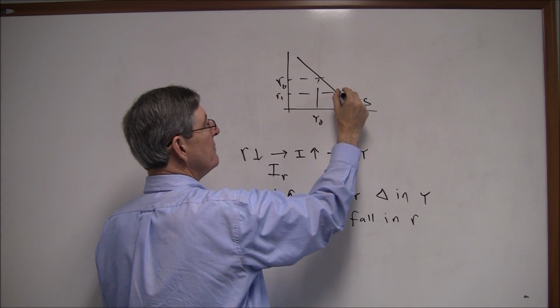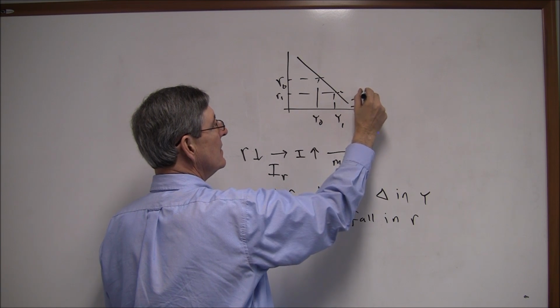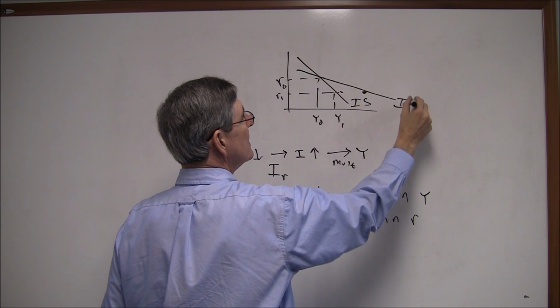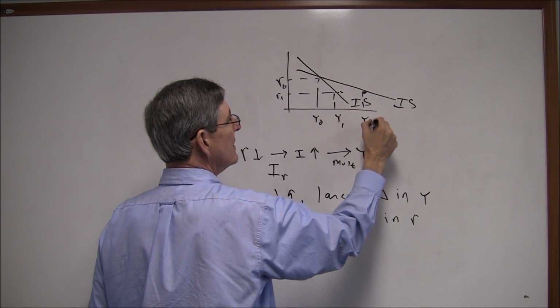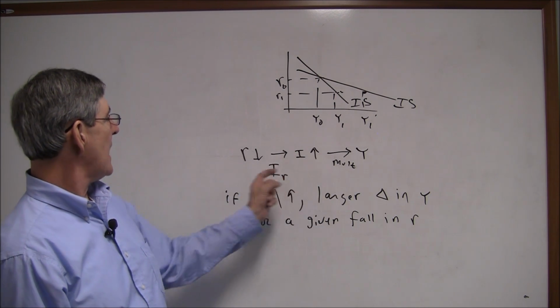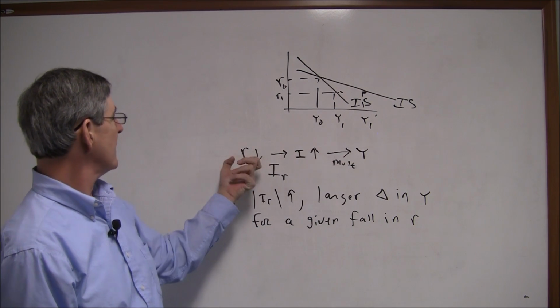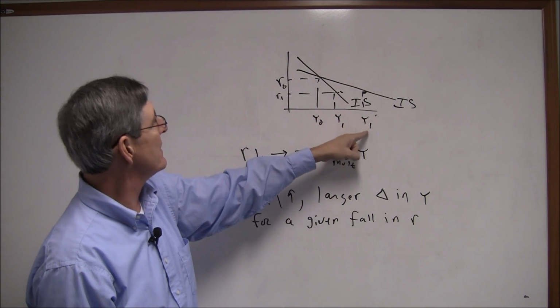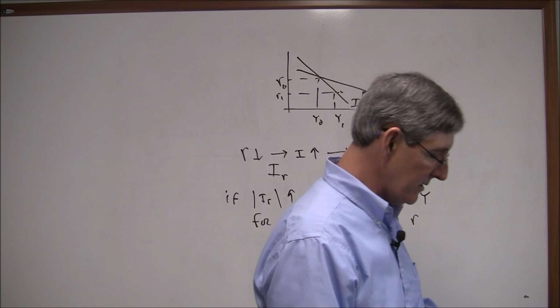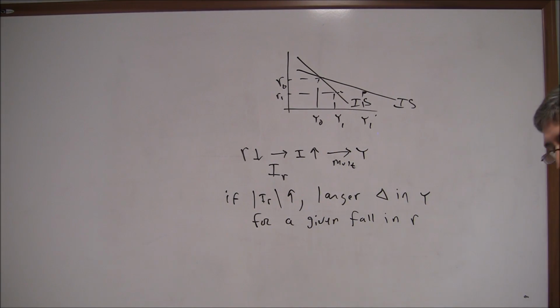So if I of R had been larger, we would have gotten a bigger change, and the IS curve would be even flatter. And so as I of R goes up, you get a bigger change in Y for a given fall in R. The bigger the change in Y, the flatter the IS curve. So that's the intuition for the slope of the IS curve.